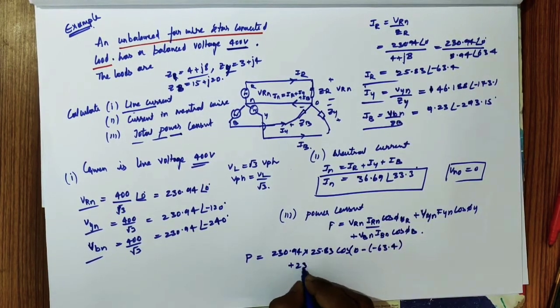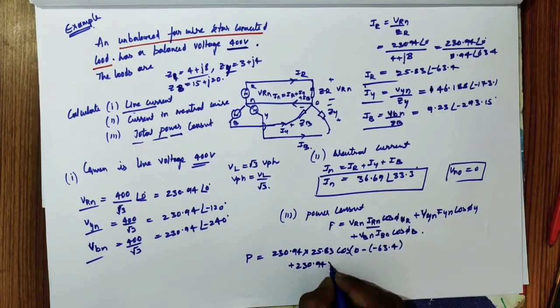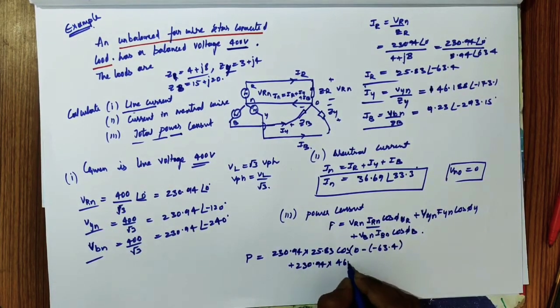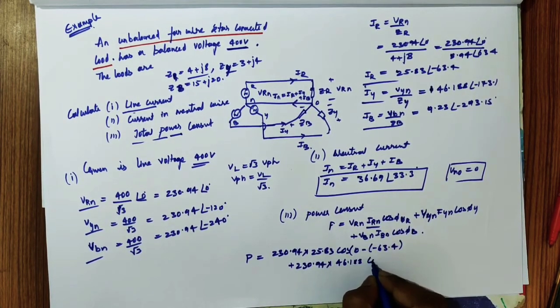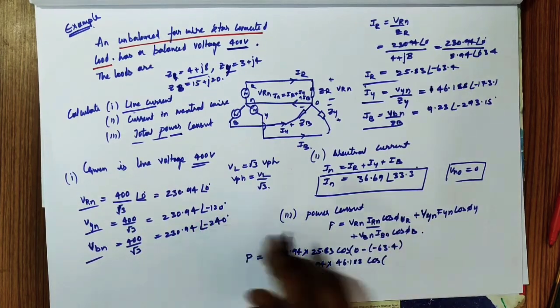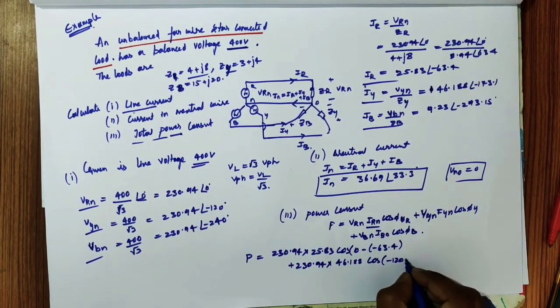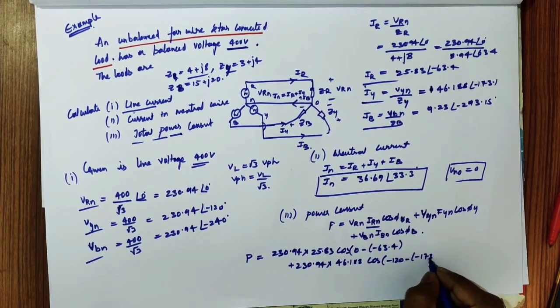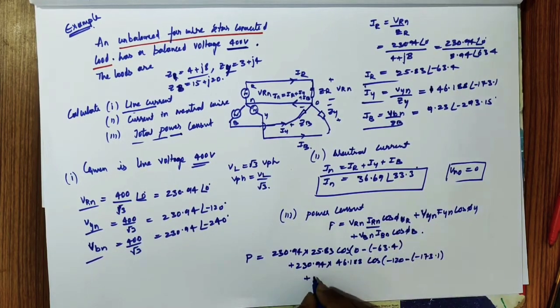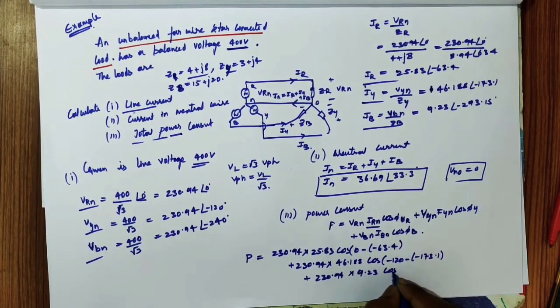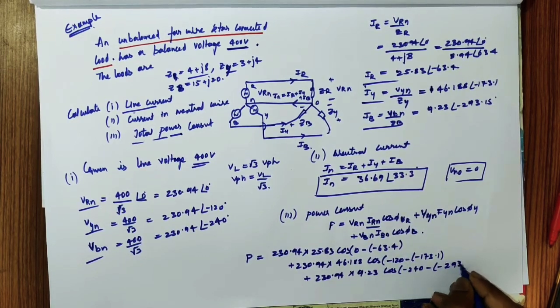Plus 230.94 into 46.188 cos of minus 120 degrees minus of minus 173.1, plus 230.94 into 9.23 cos of minus 240 minus of minus 293.15.